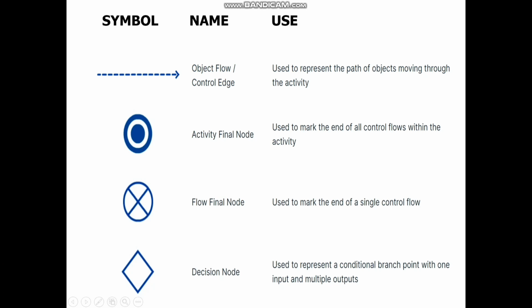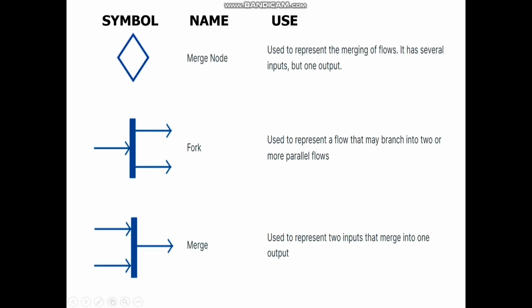Next is decision node. It represents a point in the flow where a decision needs to be made. It typically has multiple outgoing paths, each associated with a condition or guard that determines which path to follow based on the outcome of decision. Next is merge node. It represents the merging of multiple paths back into a single flow. It is used when multiple parallel flows converge back to a common point.